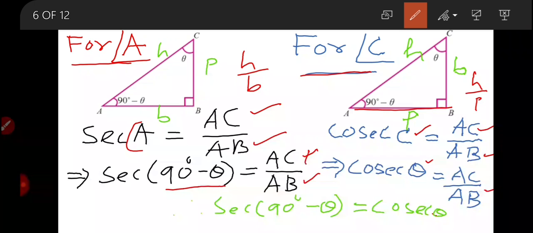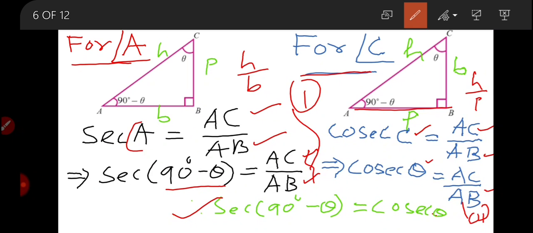Now you compare this equation and this equation, then you get the right sides are equal. So you can write the left sides are also equal. Therefore, sec of 90 degrees minus theta is equal to cosec theta. So you should remember this.